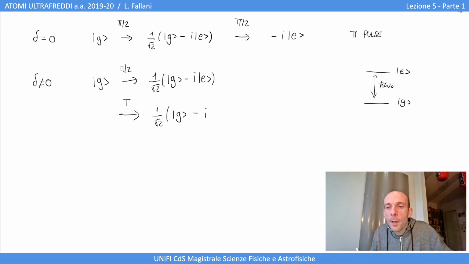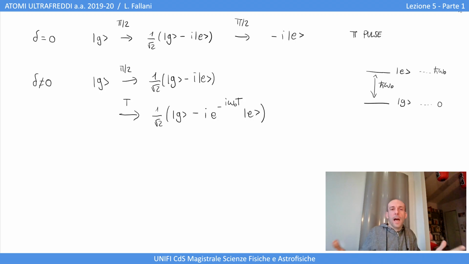So if we take as 0 the energy of the ground state and h bar omega 0 the energy of the excited state, the excited state will evolve in time according to a phase factor that will be e to the minus i omega 0 times capital T.